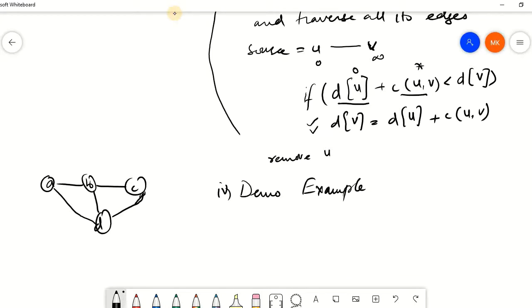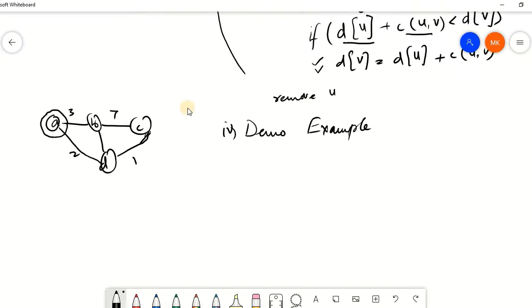The cost to get from A to B is 3, the cost to get from B to C is 7, the cost to get from A to D is 2, and the cost to get from D to C is 1. A is our source node or starting point, represented with double circles.